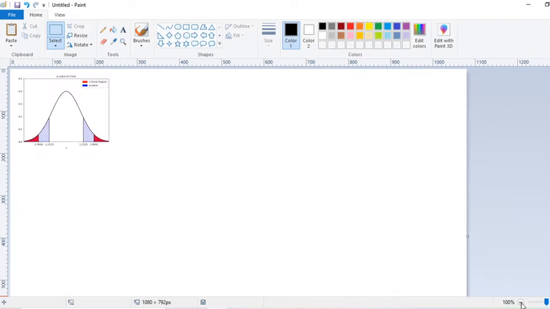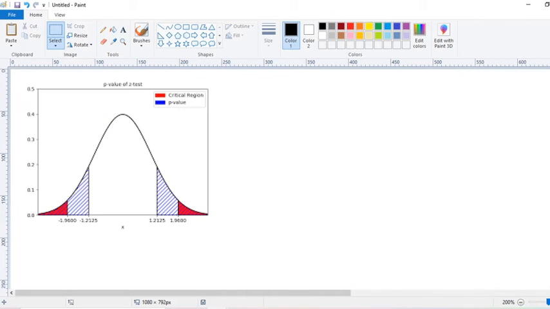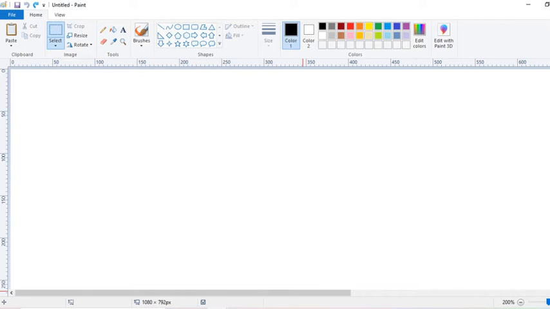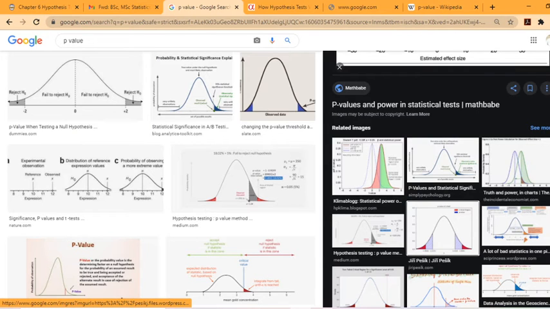Is it visible? Anyway, this is not visible. Let me search for another, more visible picture.